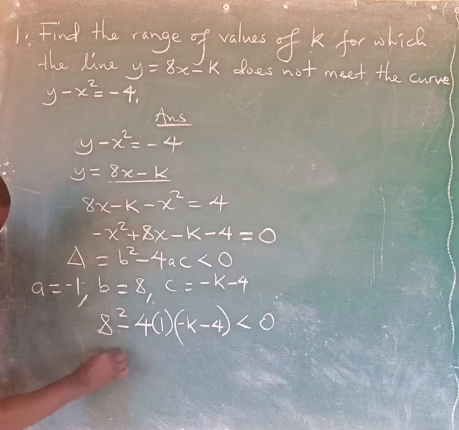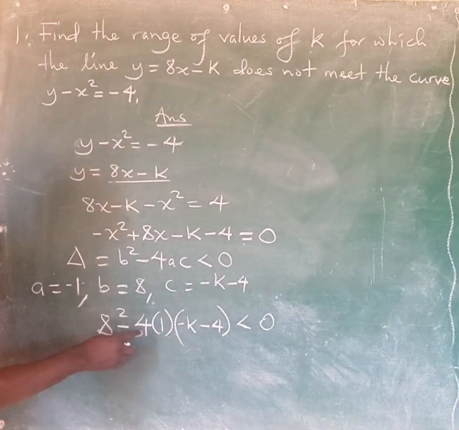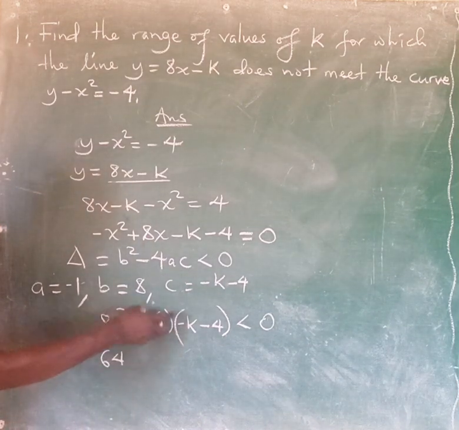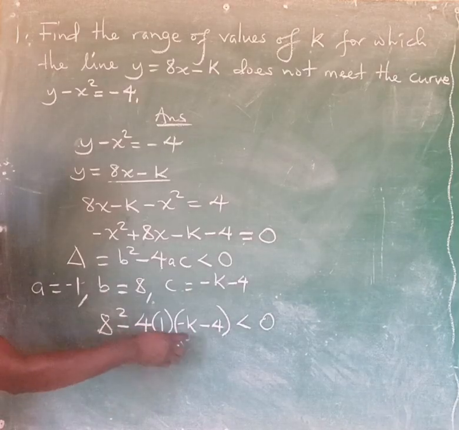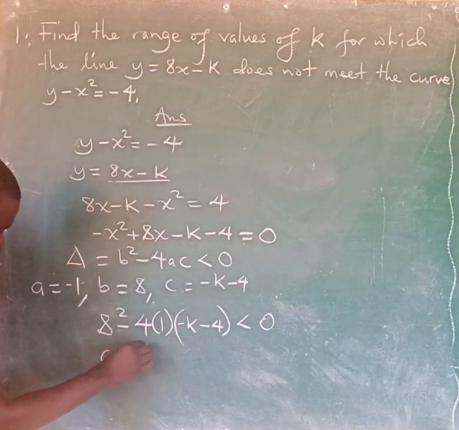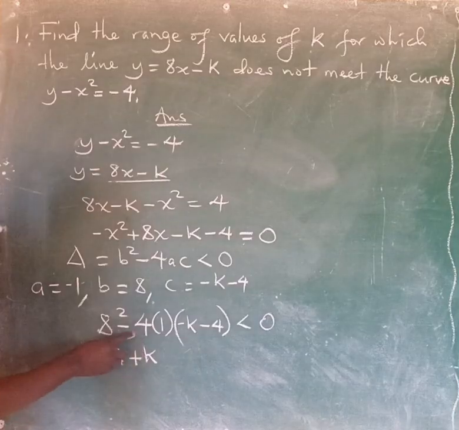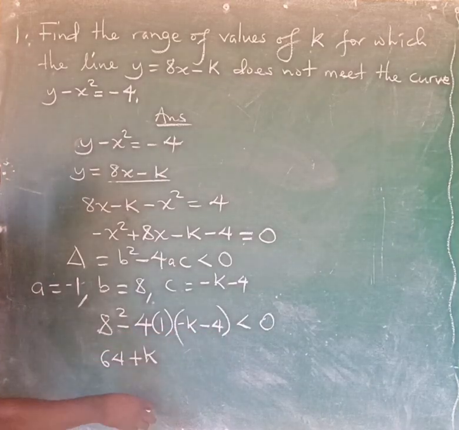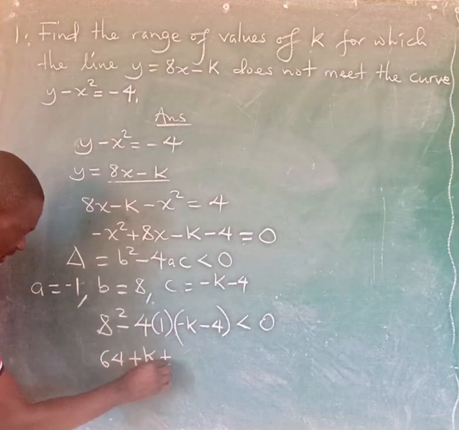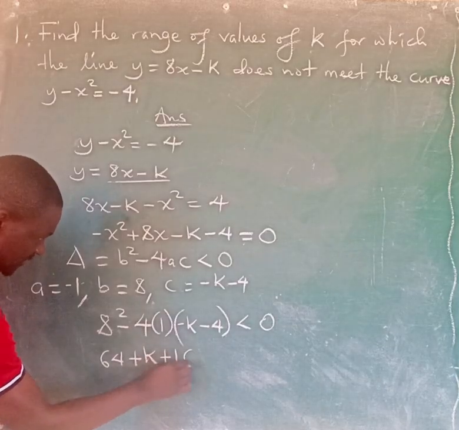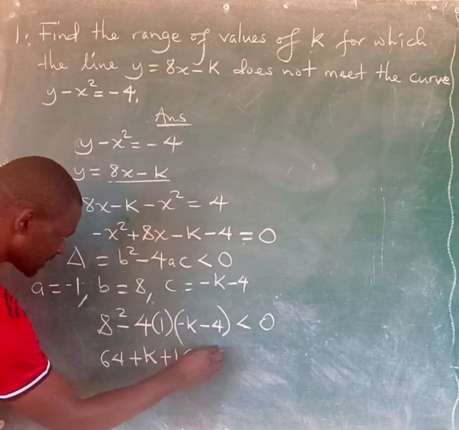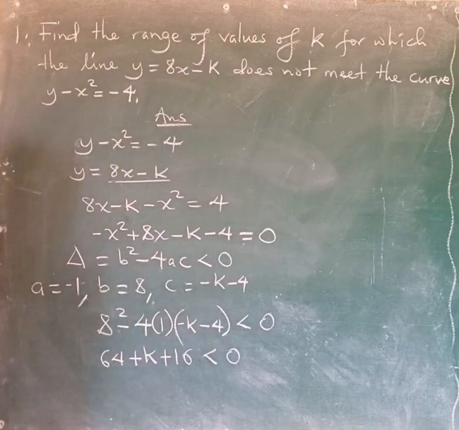We have 64, and then -4 times -1 is just 4, but 4 times negative k is negative k. Then -4 times -4 is positive 16. So we have this, and this is less than 0.